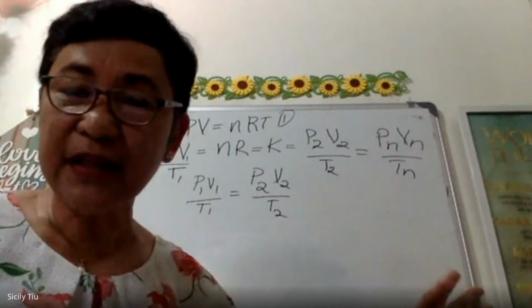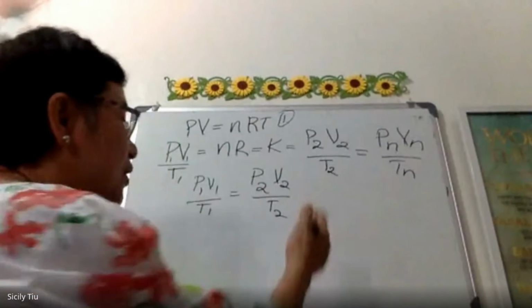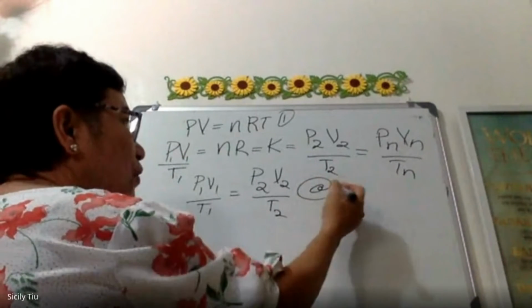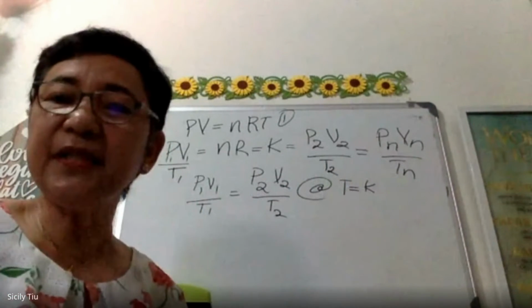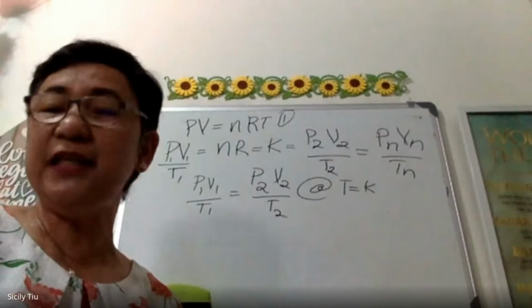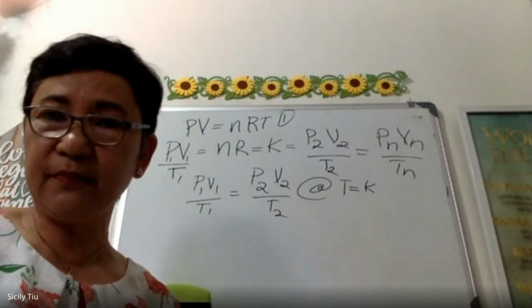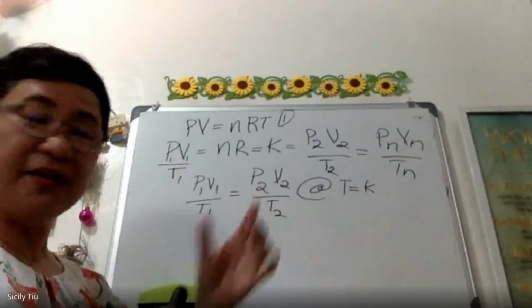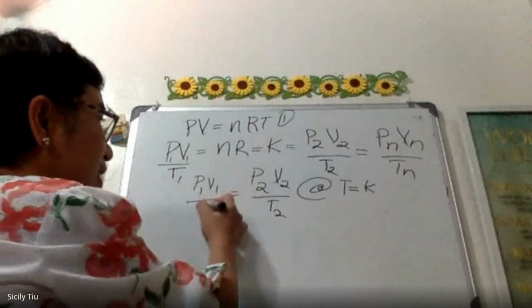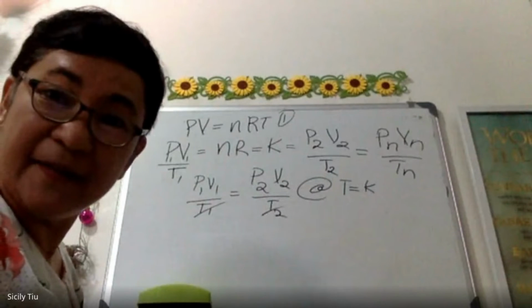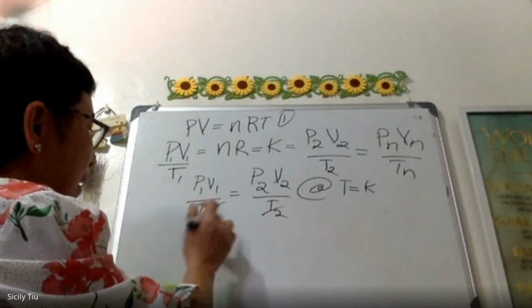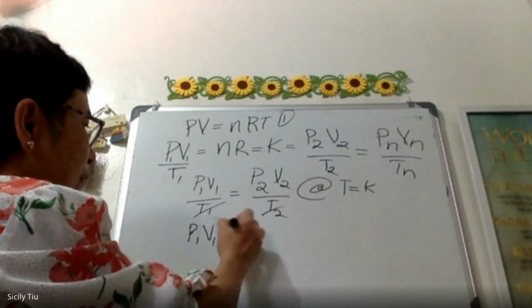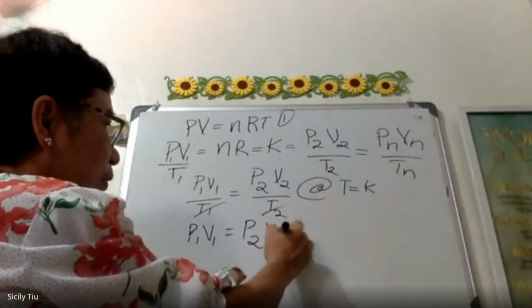Meaning to say, the temperature is constant. So, if I set the condition that the temperature is constant, Mr. Cabio, what can I remove here? The temperature. So, at constant temperature, the equation that comes out is P1 V1 is equal to P2 V2.